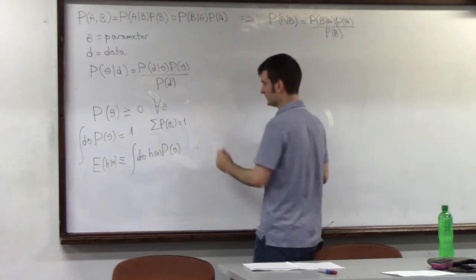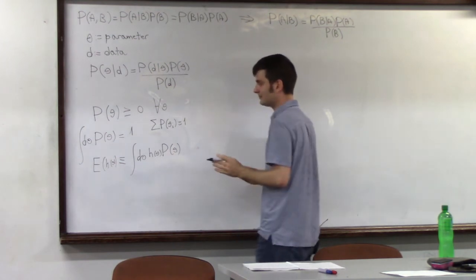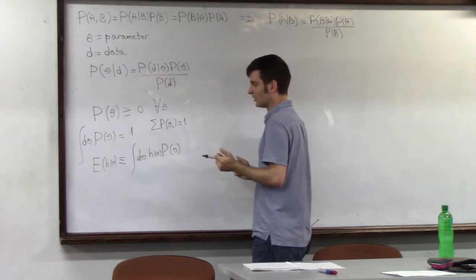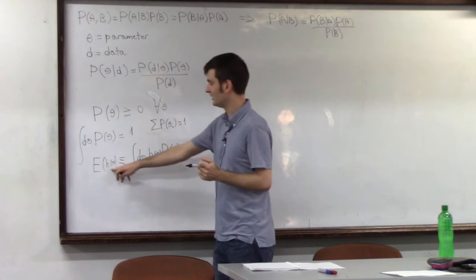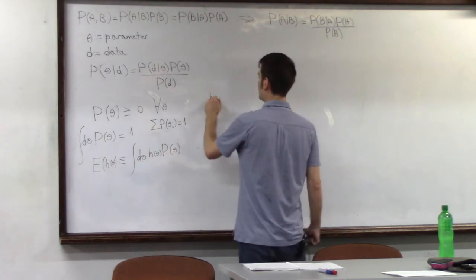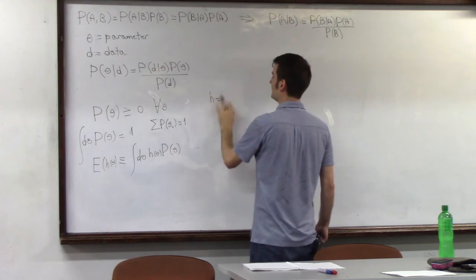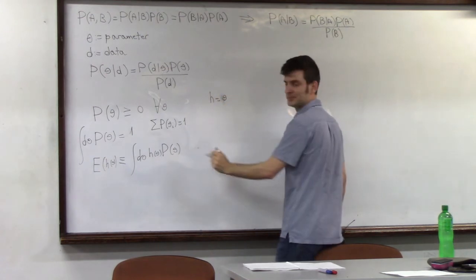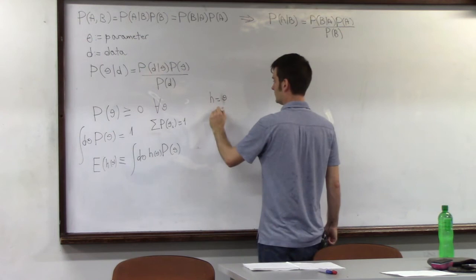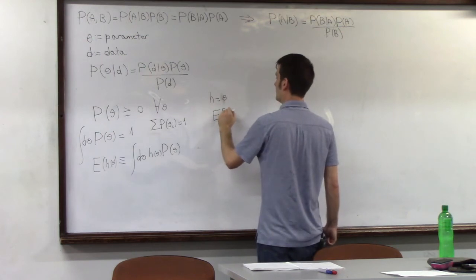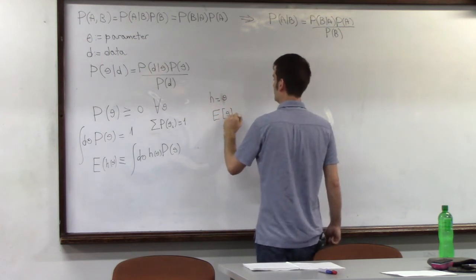For example, for h equal theta, the expectation value of theta becomes this.